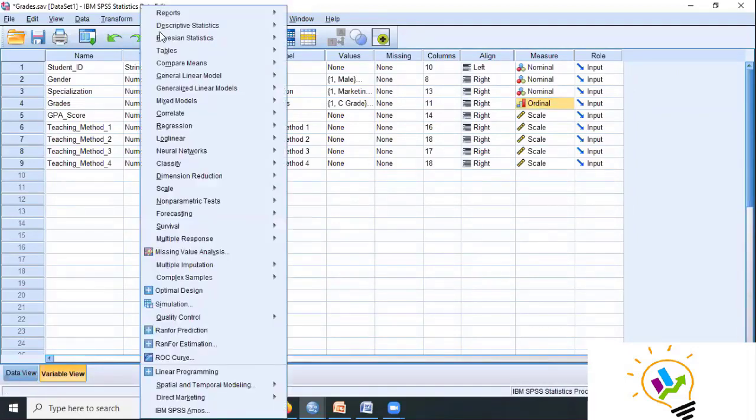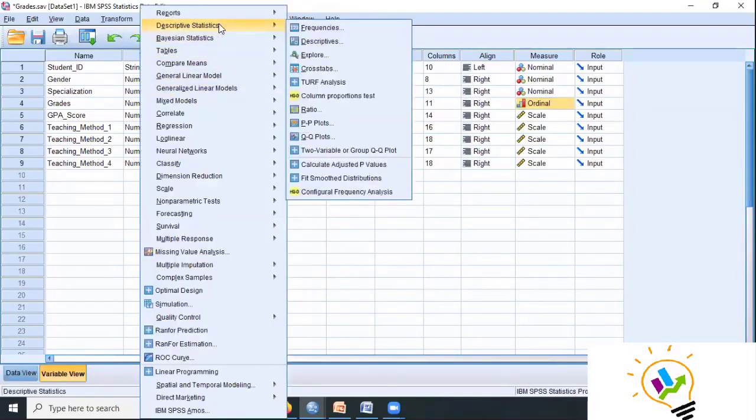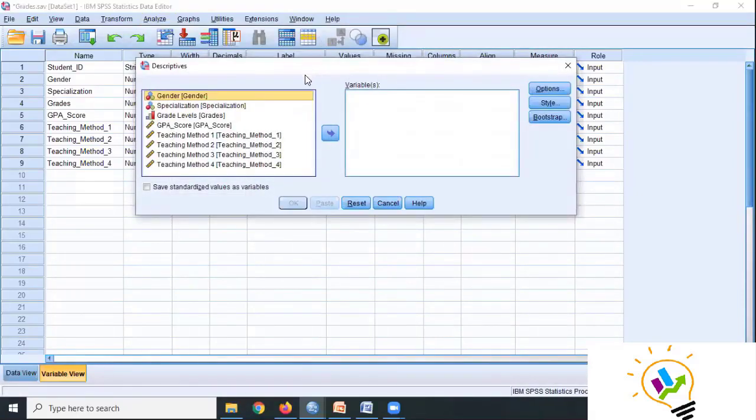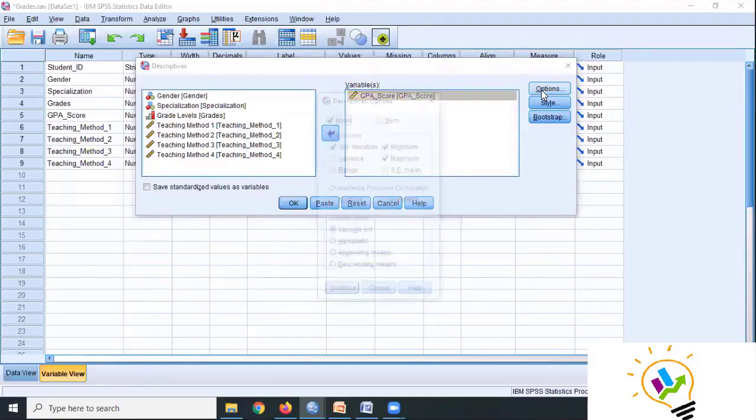Okay, now in SPSS, we have a simple method to see the distribution. In Analyze, we go to Descriptives, and in Descriptives, we have Descriptives again. Here, I want to check the distribution of GPS score. In this GPS score only, I'm checking.